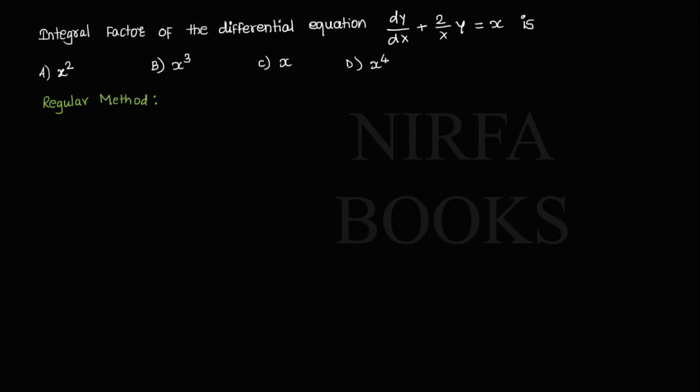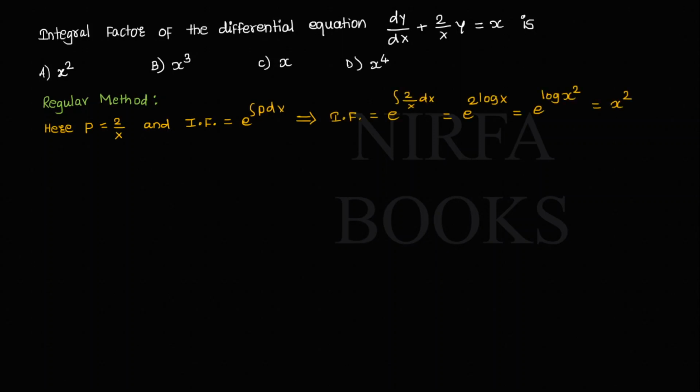So here in this equation the value of p is 2 by x, and therefore use the formula of integral factor, and after integration we will get integral factor as x square. But there is another method, and that is a short method.